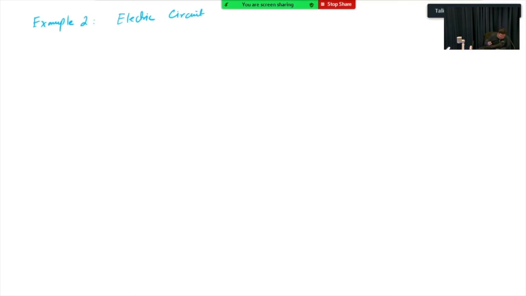So remember, this is a dynamic scenario. There's a circuit where you have different types of components, and over time there's an evolution of voltages and currents.